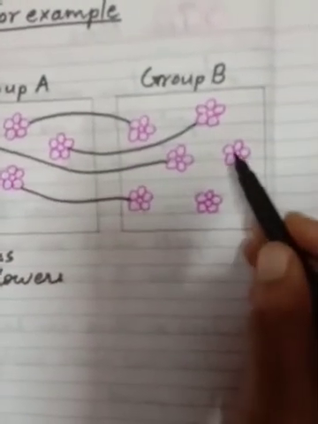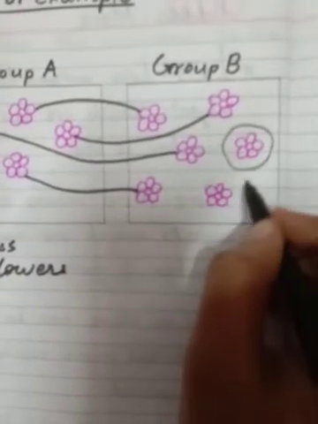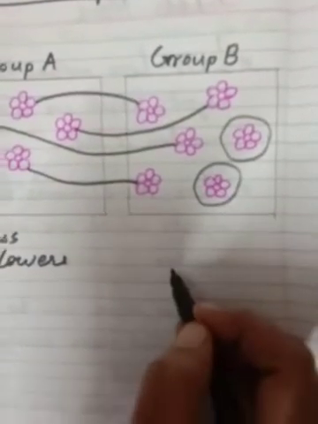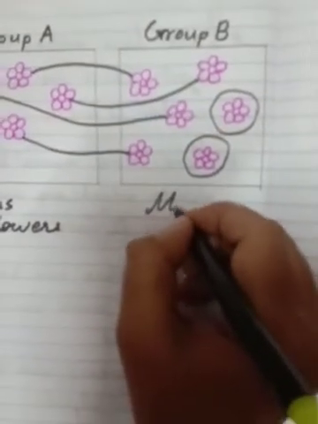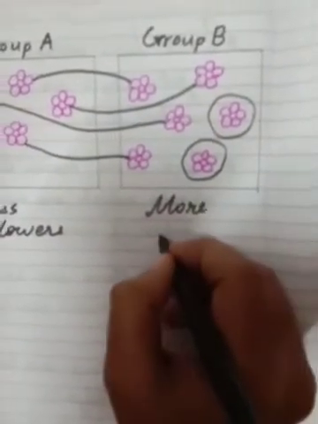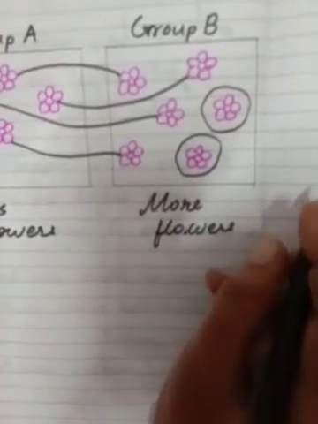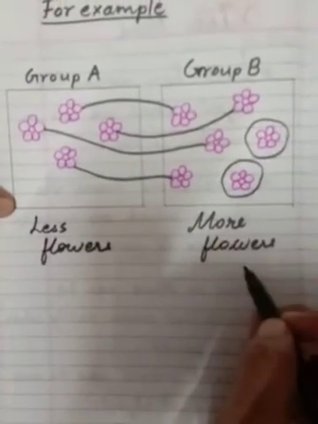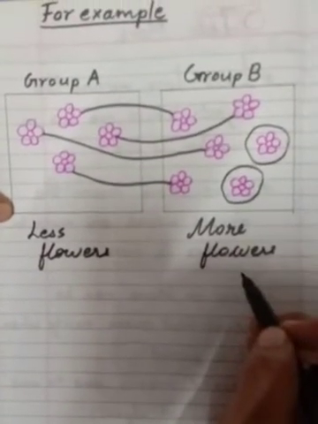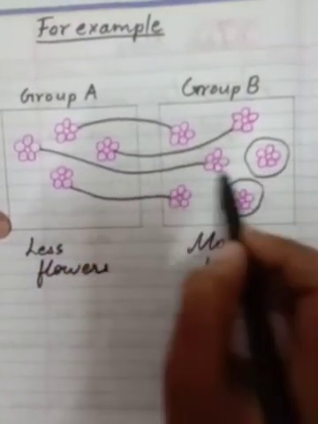And in group B, 2 flowers remained. 2 flowers remained means more. So this group B has more flowers. Okay. Less flowers, more flowers. Understood? So this is by pairing the flowers.